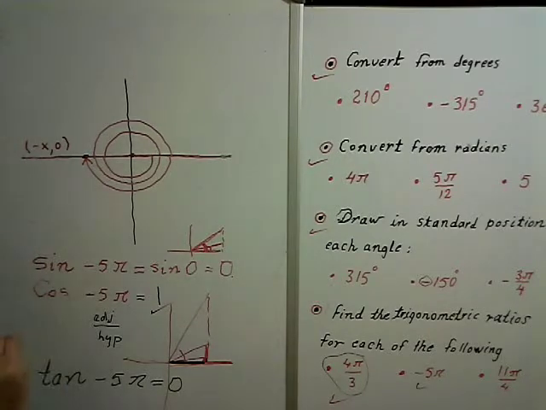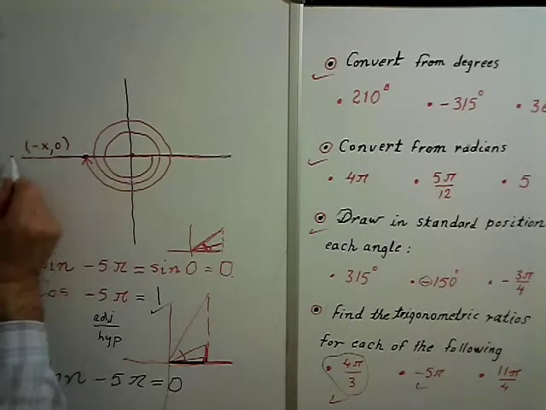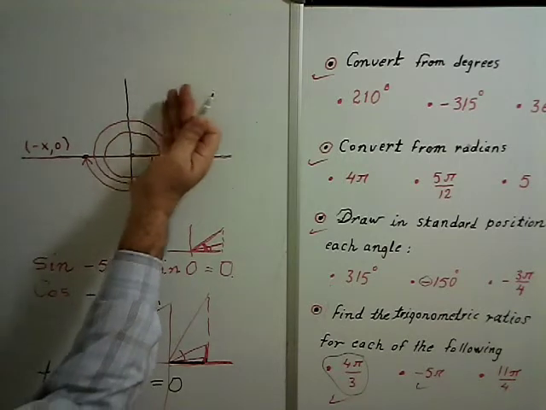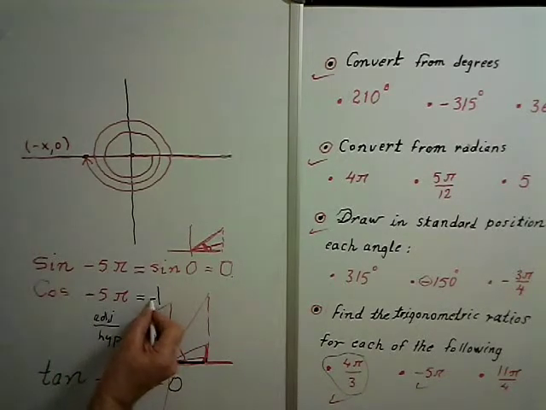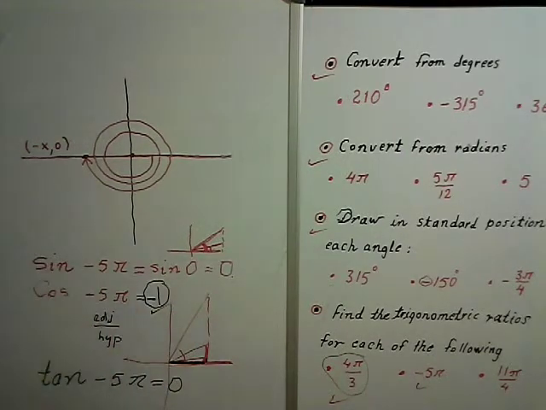But about the cosine here, we have to be careful, because it is in a quadrant which is not the first one. The cosine will not be positive. The cosine will be negative. So here you have to write -1. So this is a very important point.